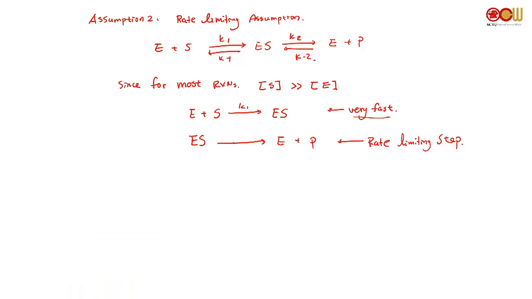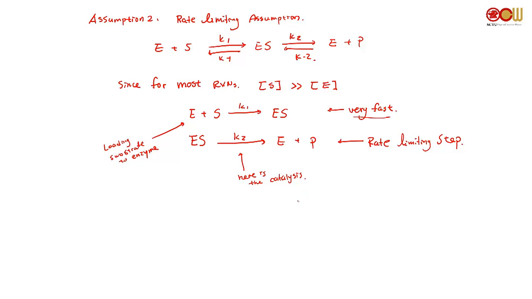So then we say here, this k2 is the rate limiting step, because k2 here is the catalysis. Here it's just loading substrate to enzyme.